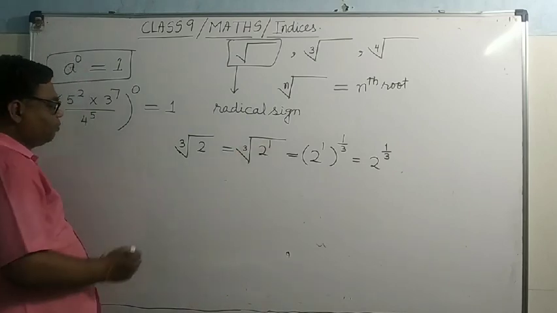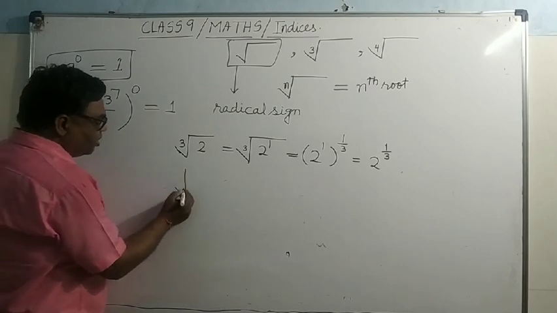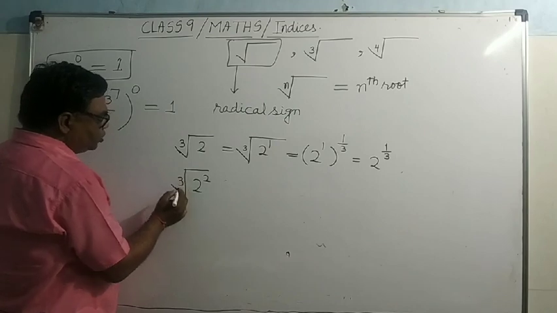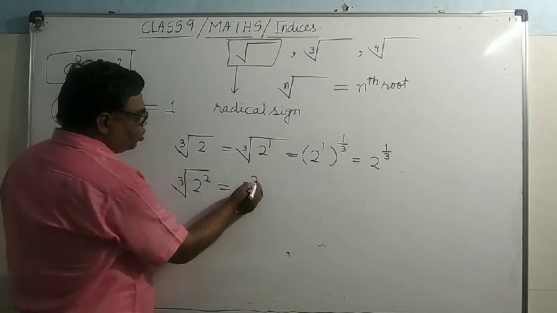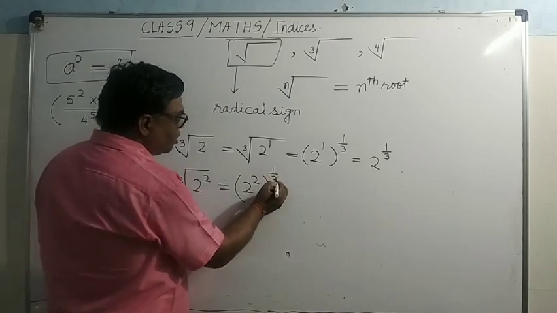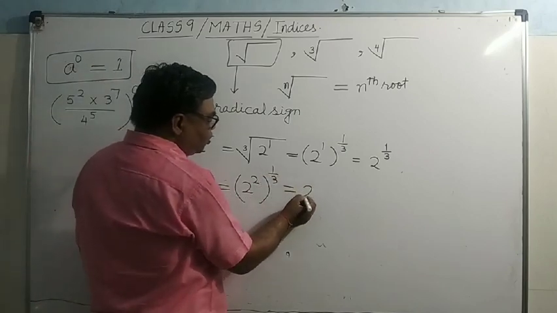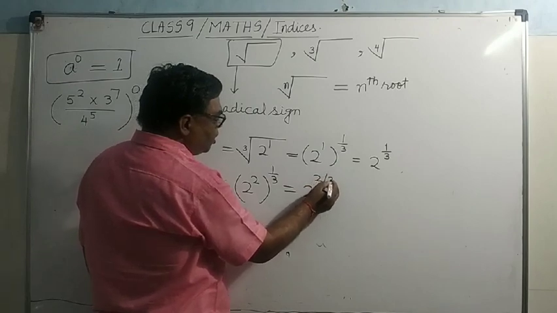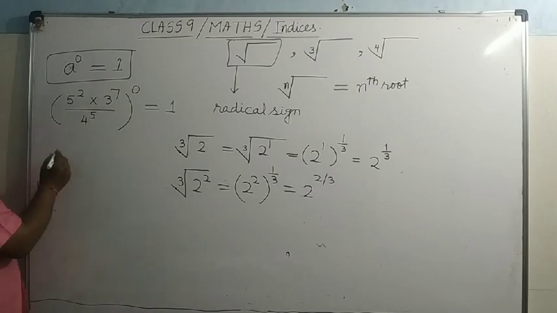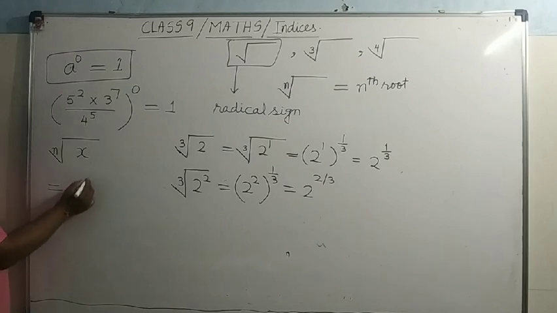It's clear. Suppose it is the cube root of 2 square, what will it be? 2 square, when you remove this, the power will become 1 upon 3. It will be 2 to the power 2 upon 3. Means if there is the nth root of x, what will you write? x to the power 1 upon n.